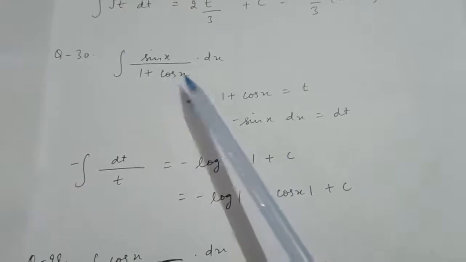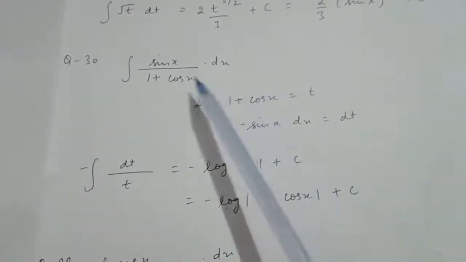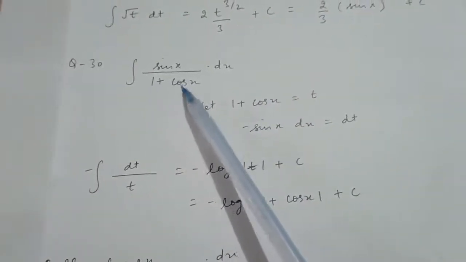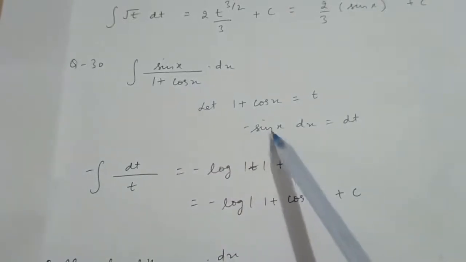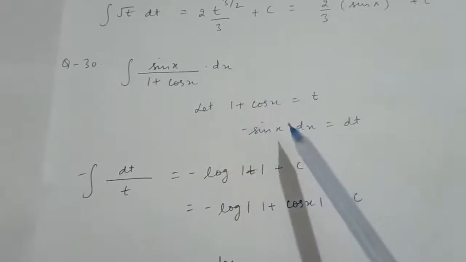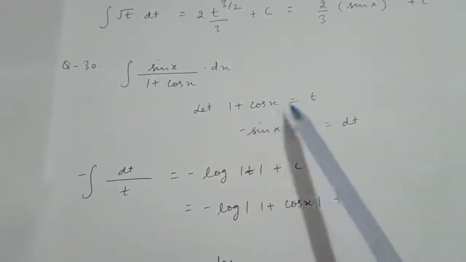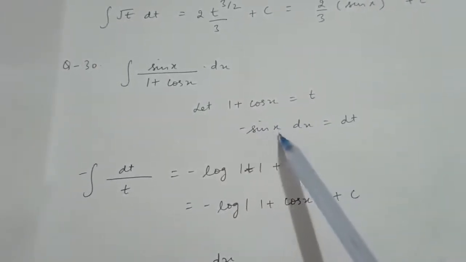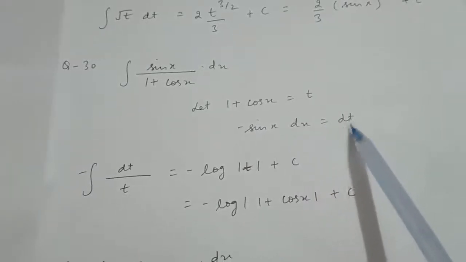Now question number 30 is the integral of sin x upon 1 plus cos x into dx. So let the denominator be t, because the derivative of 1 is 0 and the derivative of cos x is minus sin x, and sin x is here in the numerator. Therefore let this be t, so you will get minus sin x dx equal to dt.